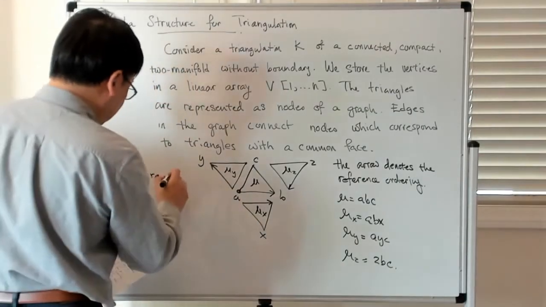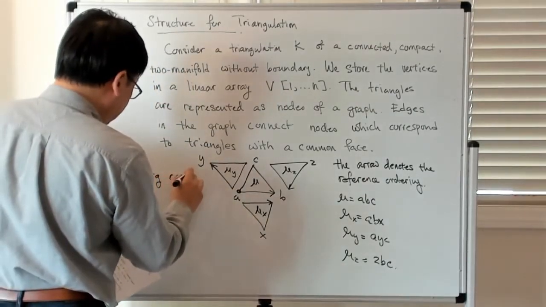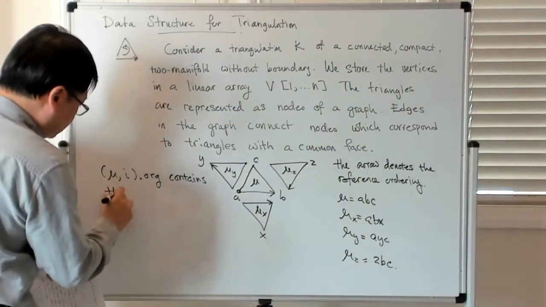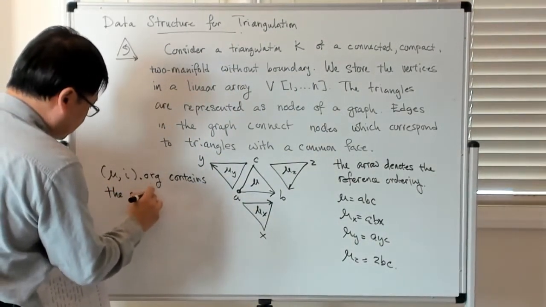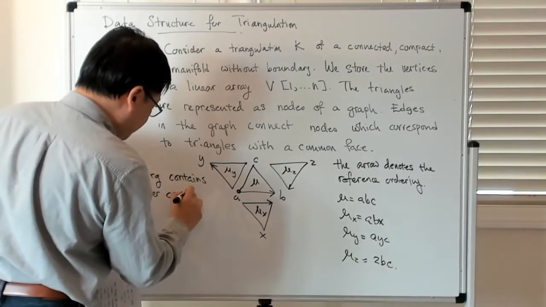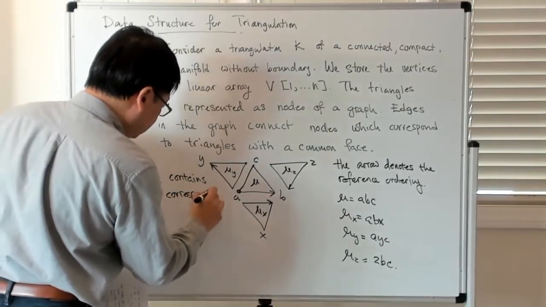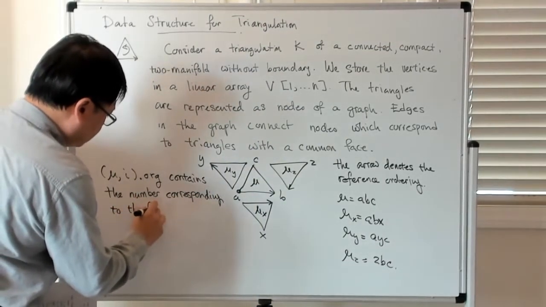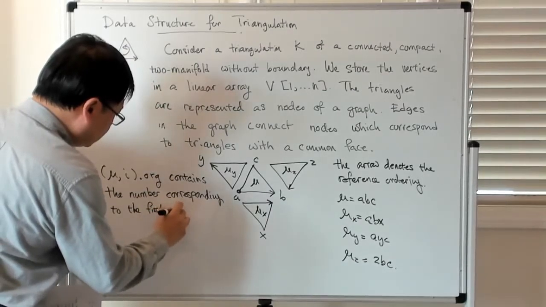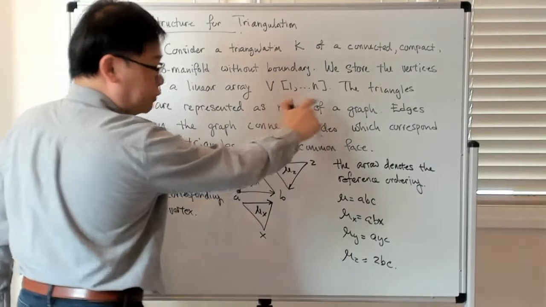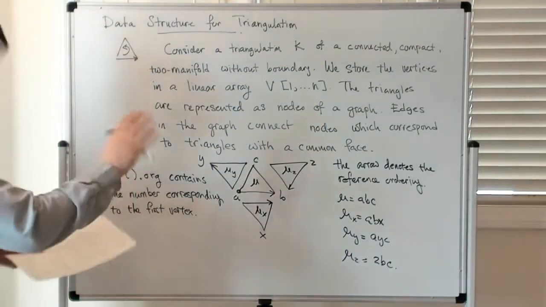This contains the number corresponding to the first vertex, and the number is of course going from 1 to n.